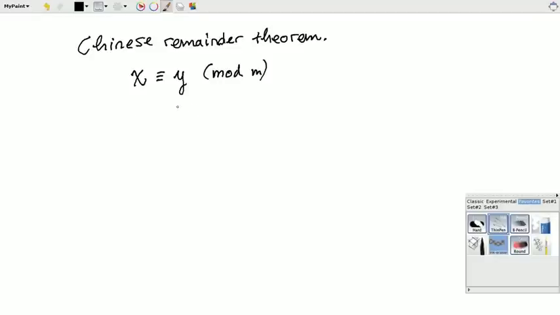And what this means is that there exists some k, which is a whole number, such that m times k plus y is equal to x. The choice of x or y doesn't matter here. You could also write it as there exists a k in the set of whole numbers such that m times k plus x equals y.